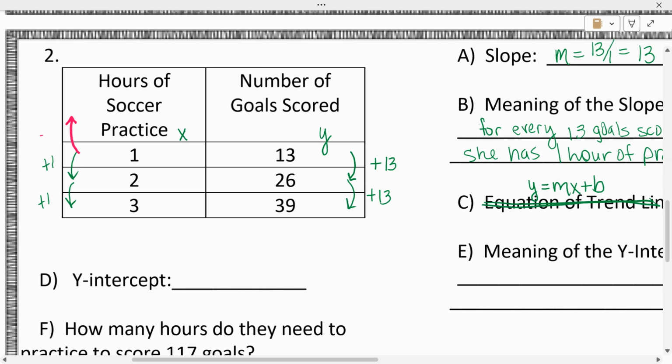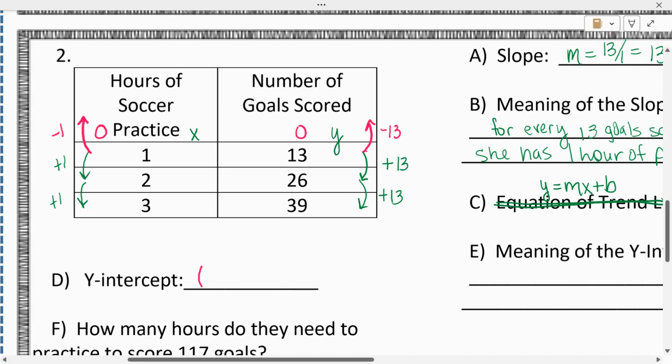You just minus 13 from one side, then 1 from the other side. So when I subtract 1 from the x's, I get a 0, and that's what I want, because I know that when x is 0, that's my y-intercept. What is 13 minus 13? So the y-intercept is the ordered pair 0, 0.